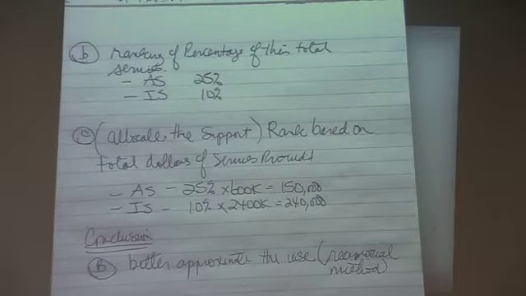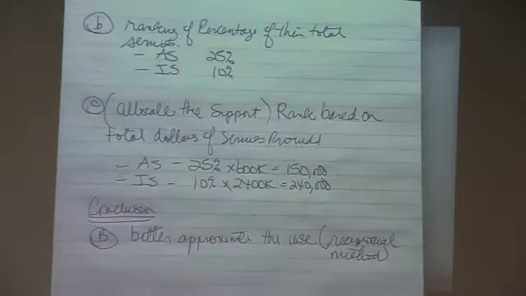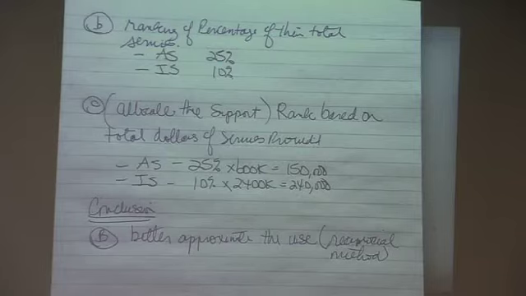The reciprocal basically says we acknowledge that both support departments support each other, the AS and the IS support each other, so we need to be able to come up with a formula that allocates the cost related to each of the support departments so that we can really figure out what the fully loaded cost is per support department.